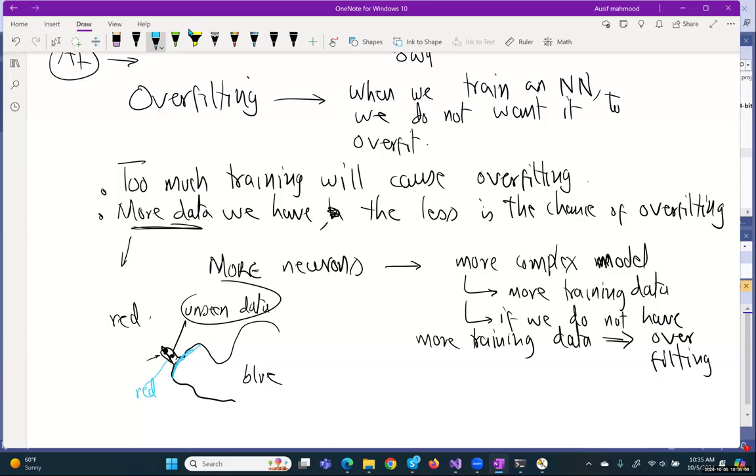It should be classified as blue, because remember it is going like this. So anything over here, according to this, belongs to the blue category. So what I'm trying to say is overfitting will cause proper data to be misclassified, meaning proper data, which is unseen data. Because see, what we do is we train the network, then we use it in a real scenario where we haven't seen that data before.